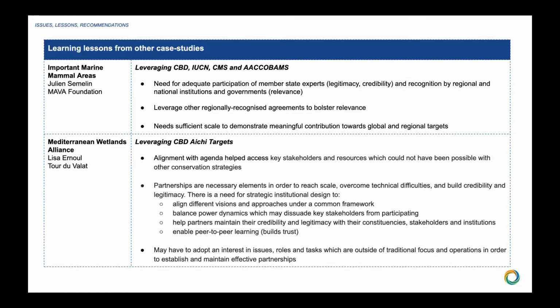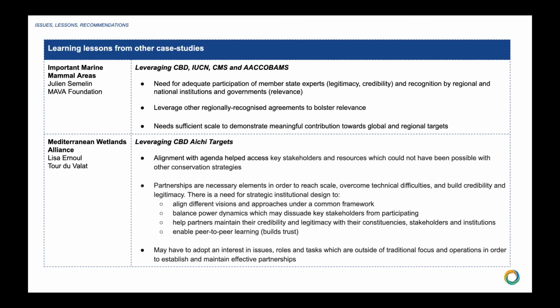And some of the lessons learned from these case studies would be specifically when there's a multi-jurisdictional aspect to your work, you need the participation of the resident expert communities of those member states in order to build the legitimacy and credibility with those governments that you're looking to influence, because they would like to see representation in those sorts of knowledge production and decision-making processes before they make a larger political commitment.